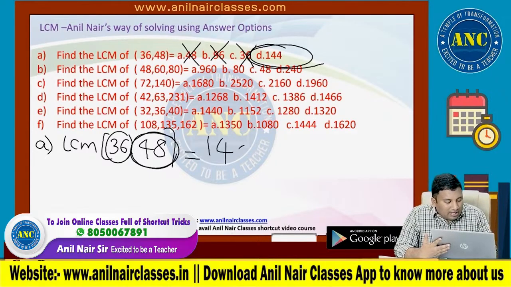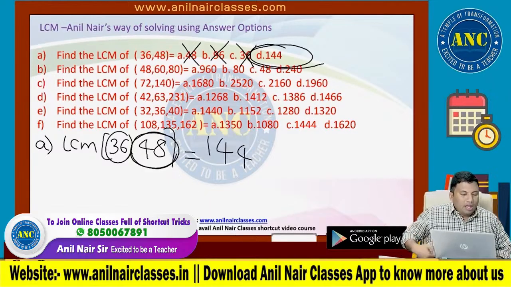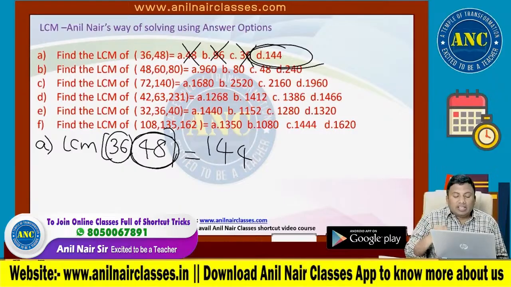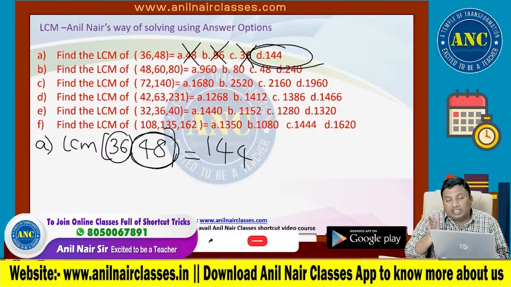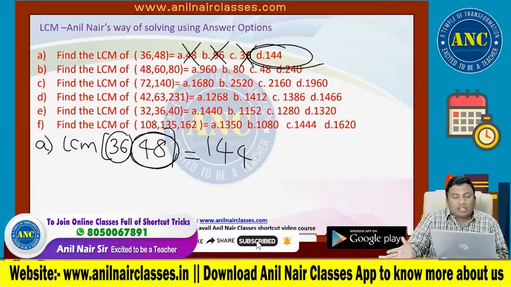LCM of 36, 48. Now listen carefully, a different way of looking at LCM. 36 digital sum is 9. Answer digital sum should also be 9. First option digital sum is not 9.